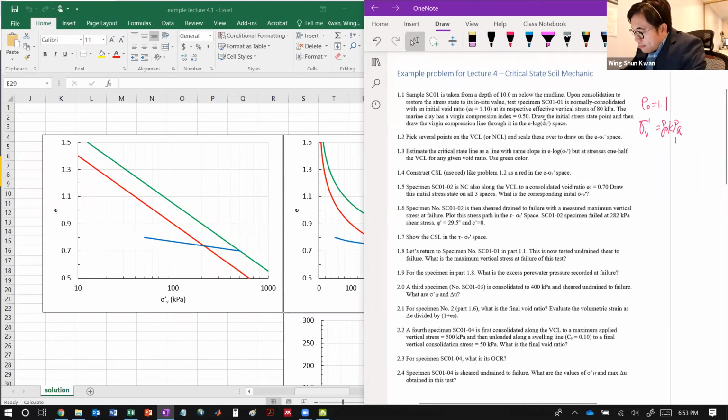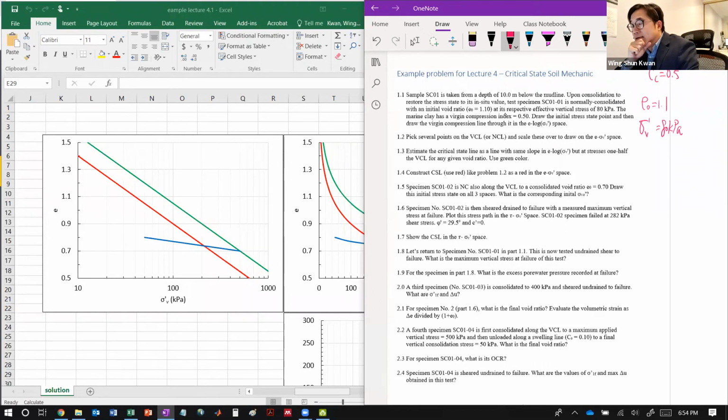And then you also tell us the virgin compression index, which is the compression index, is 0.5. So this slope. Now we have a point and we have a slope. Then we should be able to construct which line? Which line is this information representing? I want you to think about it.